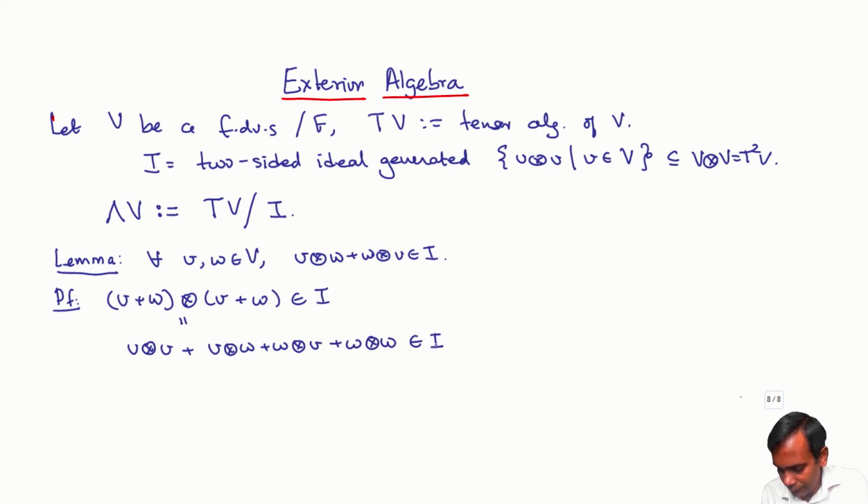So this is in I. Now among these four terms, this term is in I, so if I remove it, what remains will be in I, and this term is in I. So what remains in the middle is in I, which is exactly what I started off to prove. And we'll use this observation when we are trying to understand the exterior algebra.